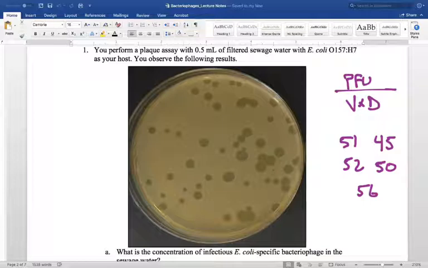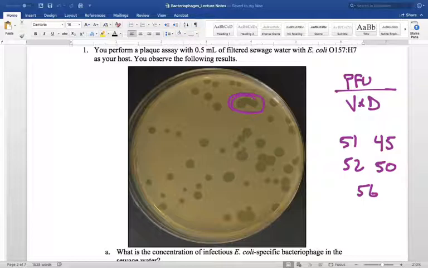But sometimes there are issues that we don't necessarily think about. So, for example, this one right here, how many did you count that as? I could see 3, I could see 4, I could also see 1, depending on how you define a plaque. Do the plaques have to be distinct from each other?